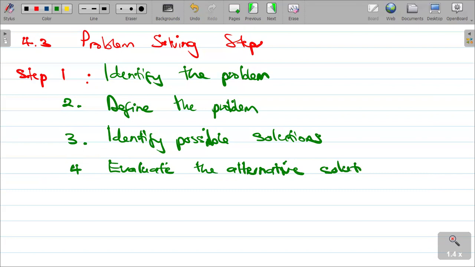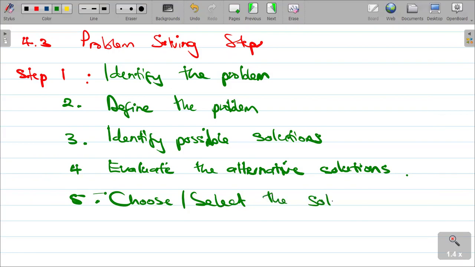And then number 5, you choose or select the solution. Once you have selected the solution, you develop an action plan.